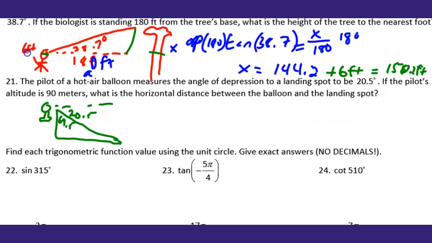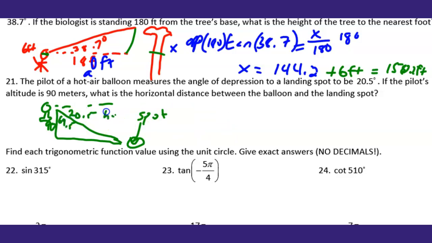If the pilot's altitude is 90 meters, that means he's 90 meters up. What is the horizontal distance between the balloon and the landing spot? So here's the landing spot right here. We have 90 up, and this is why you take the angle of depression. Remember, that's his vision, so the angle's formed here. That's not the actual triangle. Anyway, we have the angle.